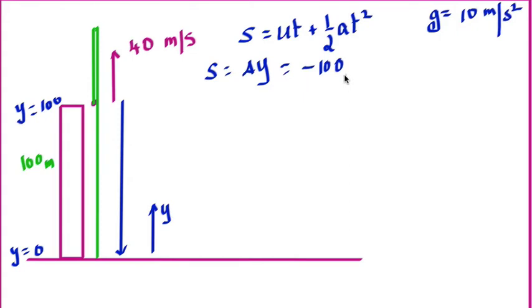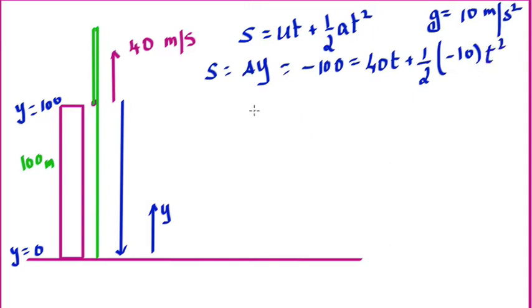It's 100 meters long, so minus 100 is equal to ut. u is plus 40 times t plus half. a is minus 10. Why is that? I have chosen up as positive and the acceleration due to gravity is downwards, t squared.